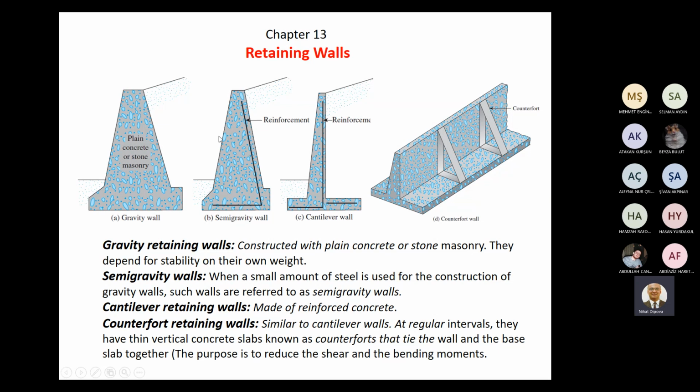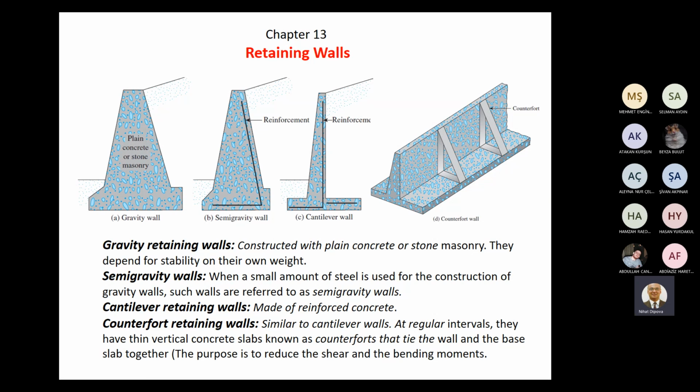Gravity retaining walls, as shown in figure A. These are constructed with plain concrete or stone masonry. They depend for the stability on their own weight, as the name refers, gravity retaining walls. The retaining mechanism, or strength, comes from its own weight.